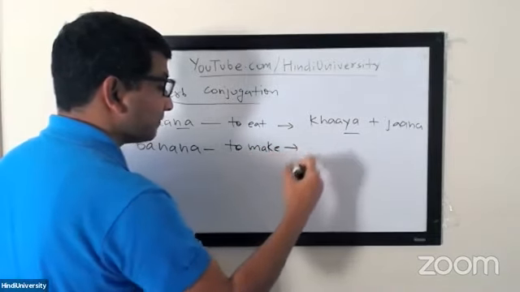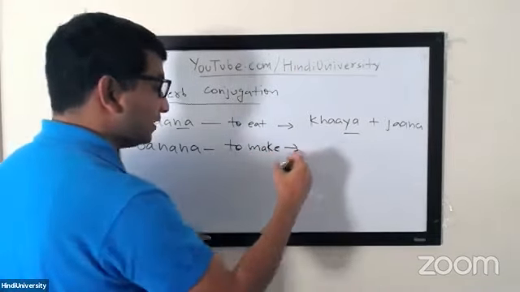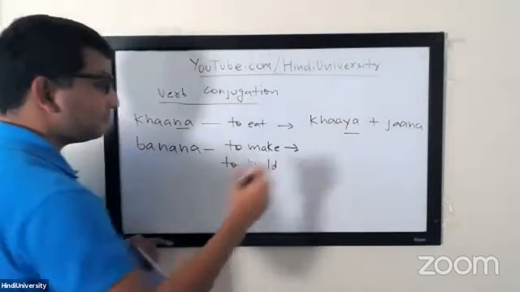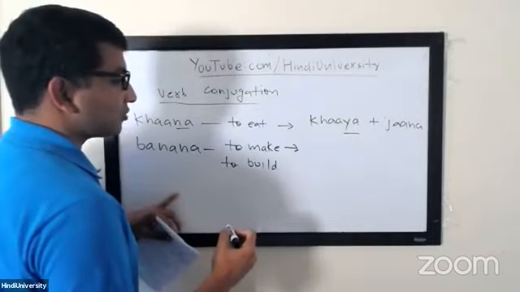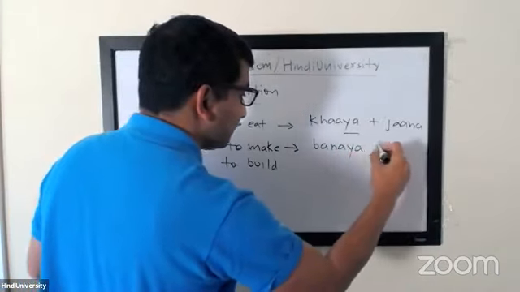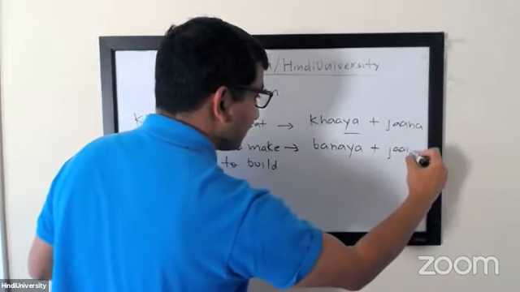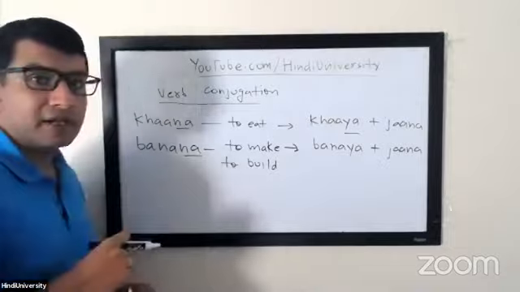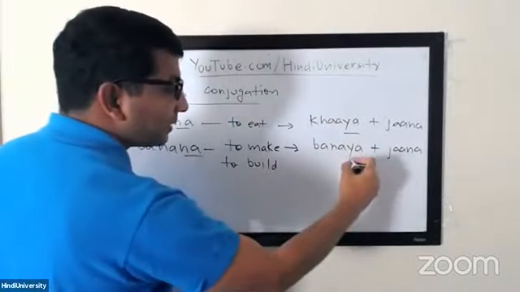To make or to build. Very good. And the passive? Banaya jana. Very good. Banaya plus jana. Same thing here. You remove the na and you see the vowel here, bana. That's why you put banaya.